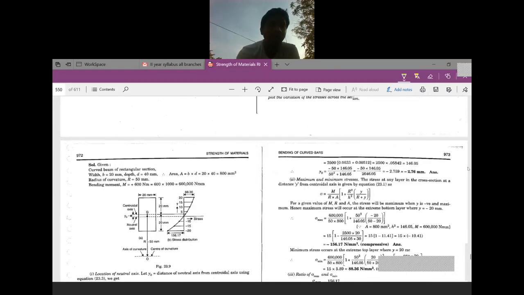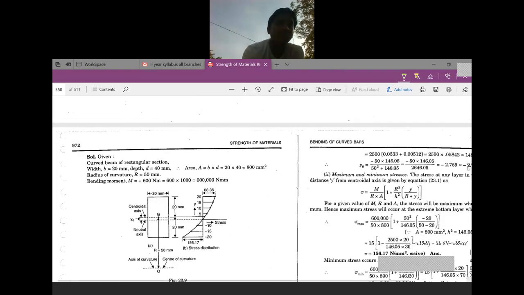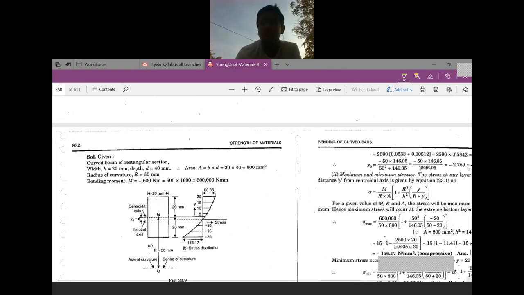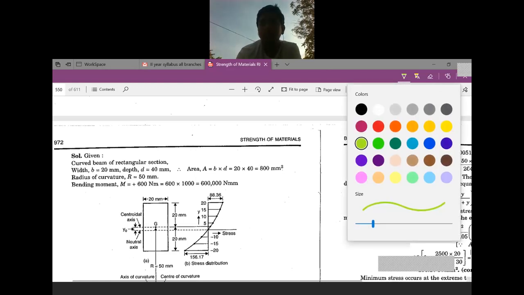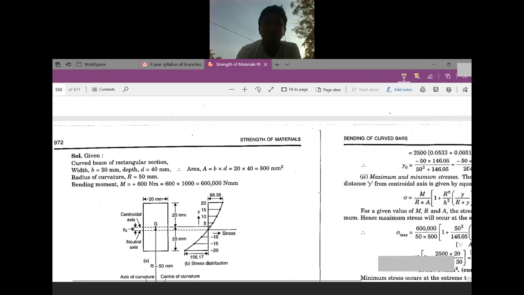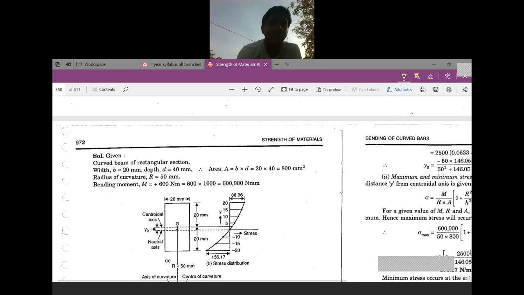Here he has given a curved beam of a rectangular cross section. He has given the width as 20 mm, depth as 40 mm, and the area will be 20 into 40.